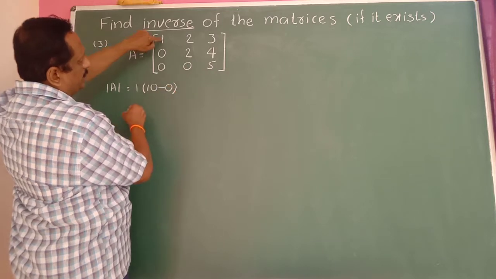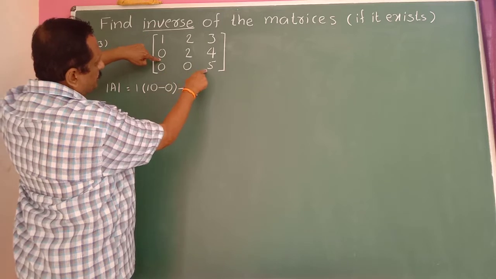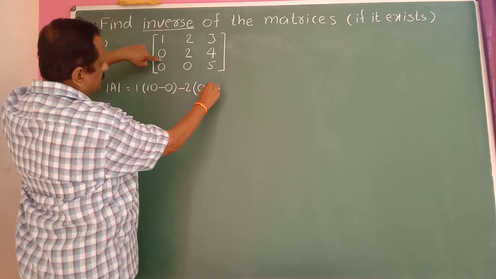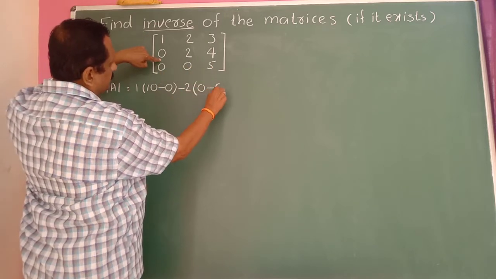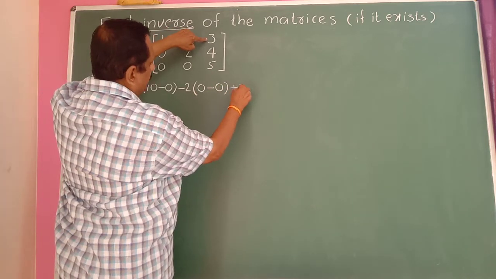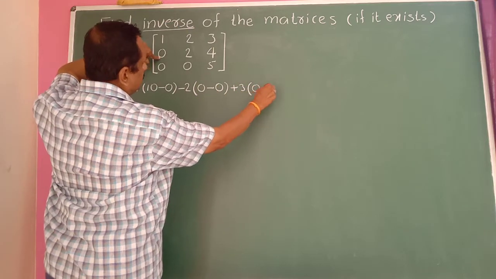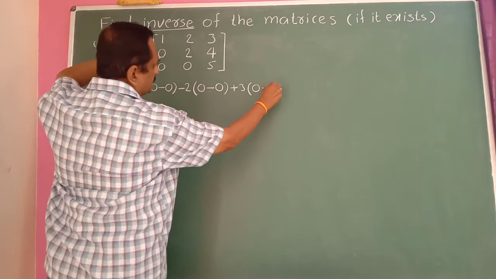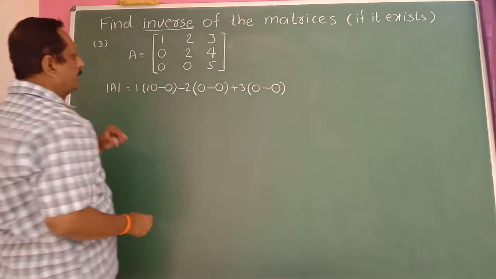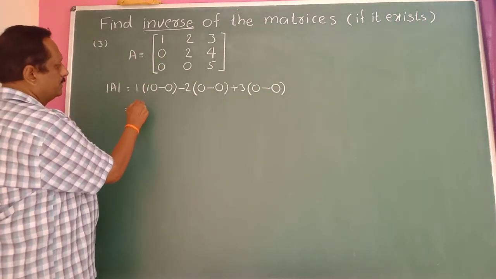Then write here minus of 2 into bracket 0 into 5 is 0 minus of 0 into 4 becomes 0. Then plus 3, so 3 into bracket of 0 into 0 becomes 0 minus of 2 into 0 becomes 0. Then this is equal to 1 into 10 becomes 10 here.